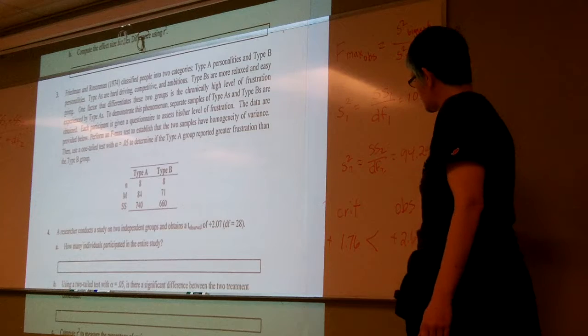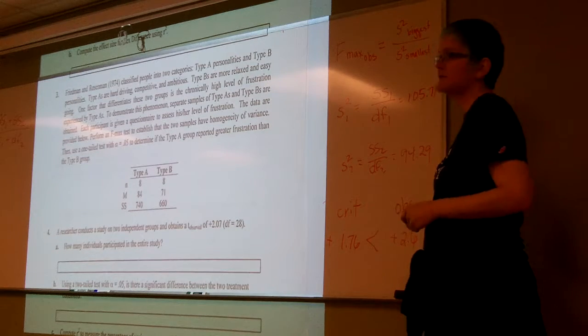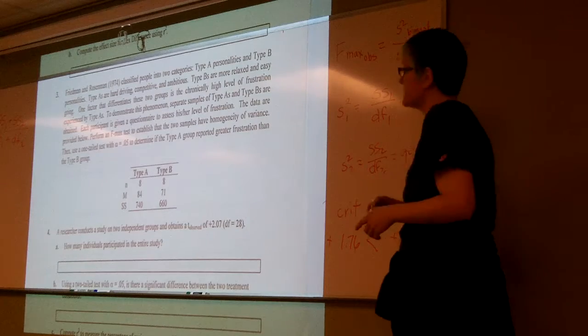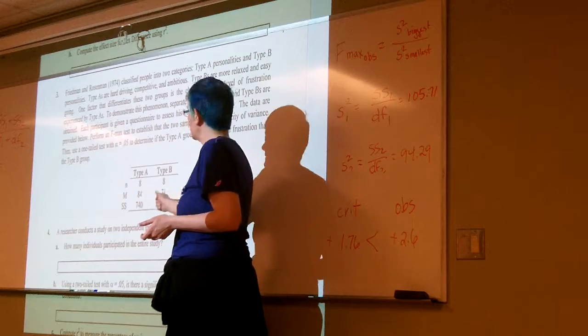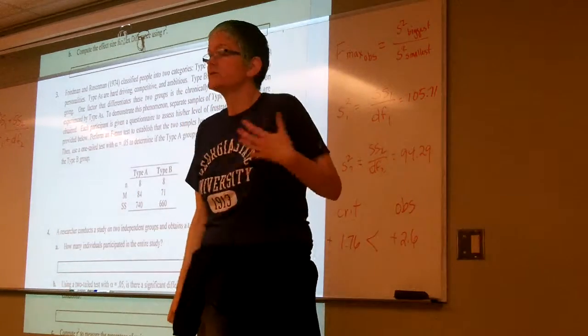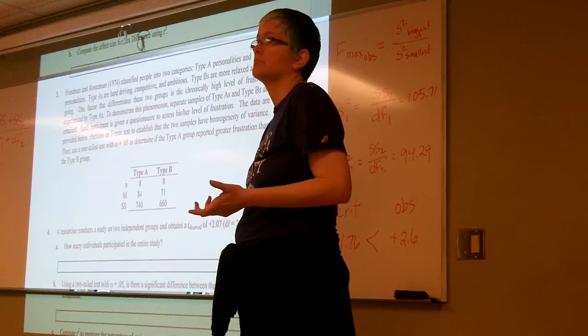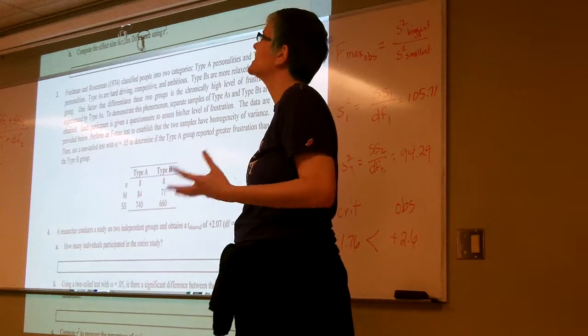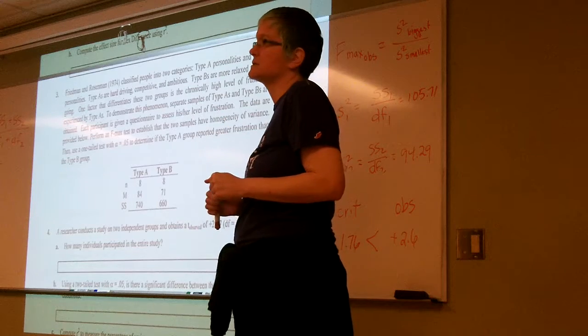Another way to think about it, 84 is a significantly higher mean than 71. Their score on the test of frustration is significantly higher, given those sample sizes.